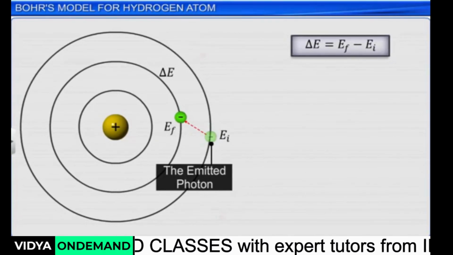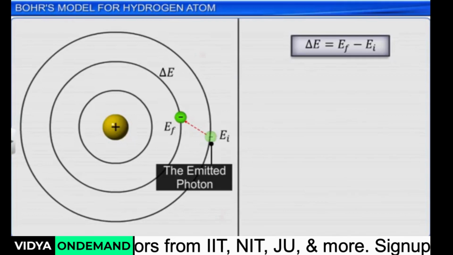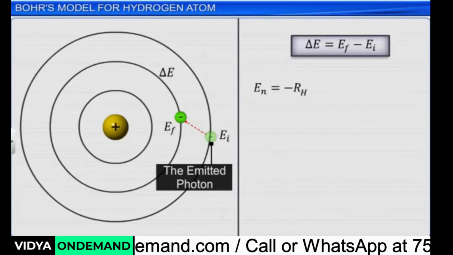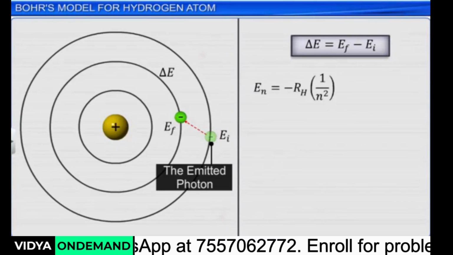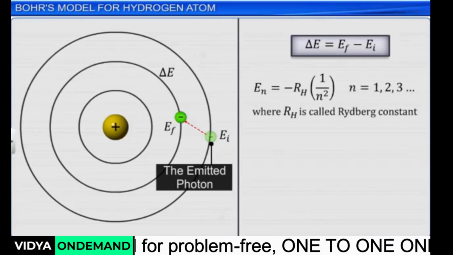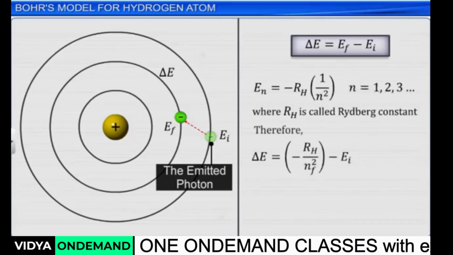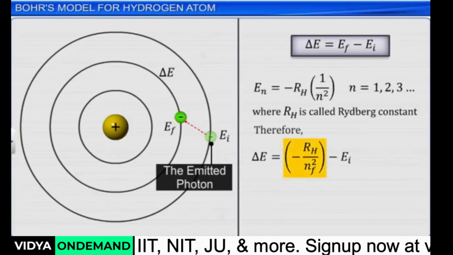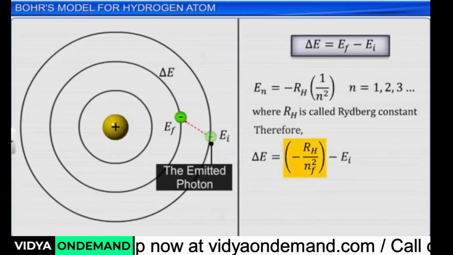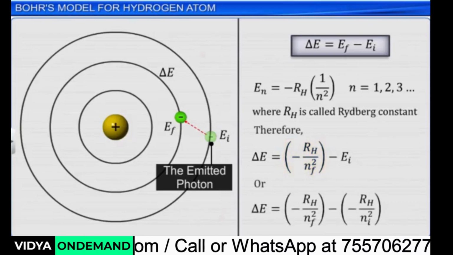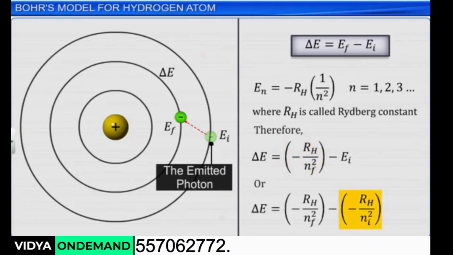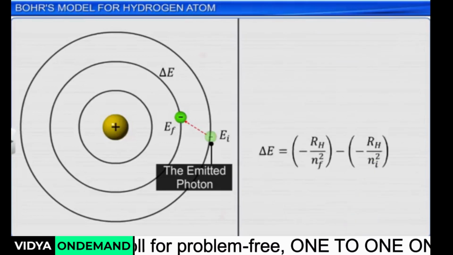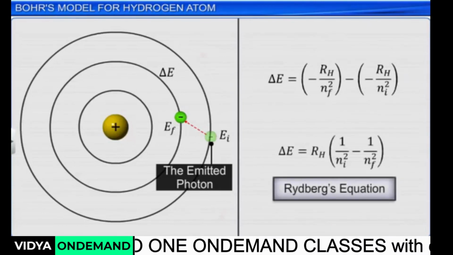Since the energy of a stationary state is given by the equation En equals minus Rydberg's constant multiplied by 1 divided by n square, we can substitute E final in the energy change equation by minus RH divided by n final square and E initial by minus RH divided by n initial square to get an equation similar to the expression used by Rydberg.